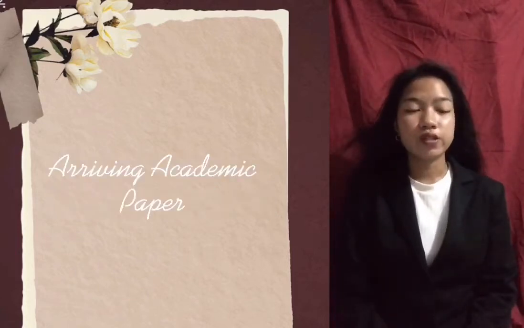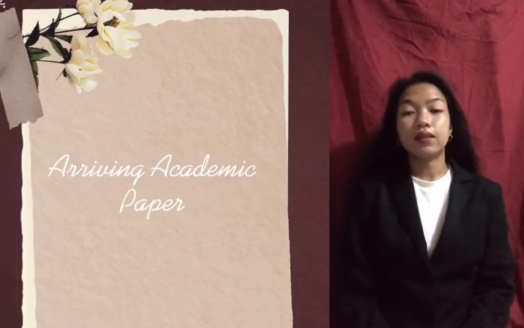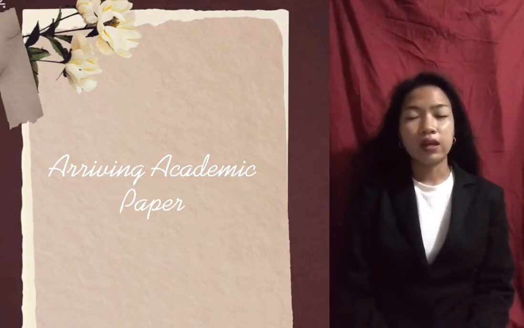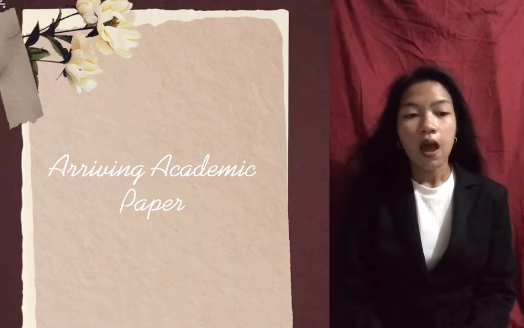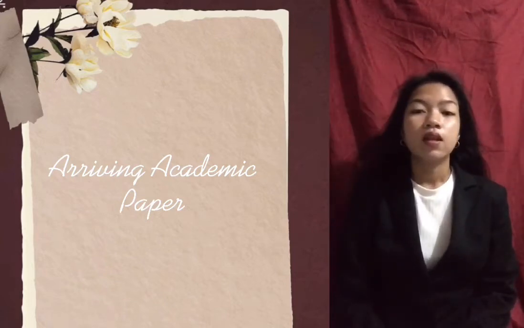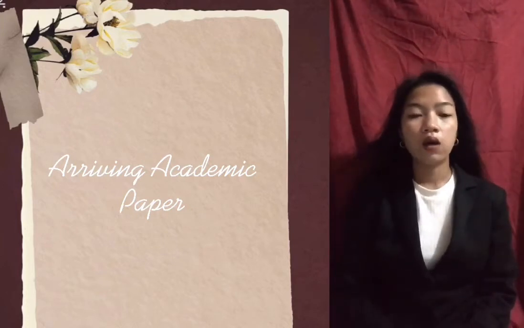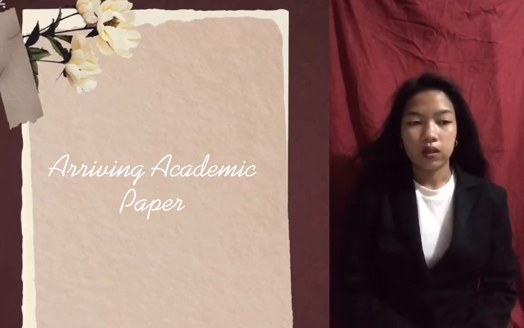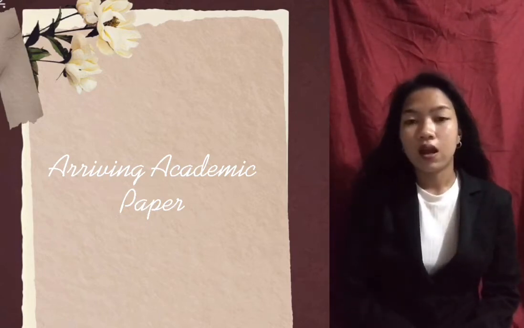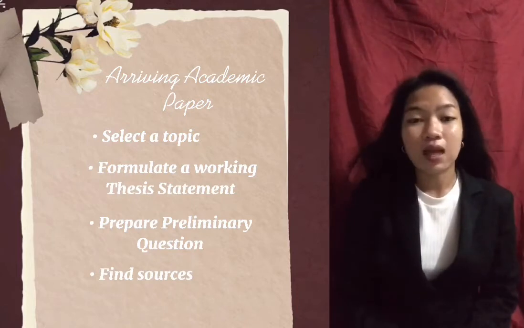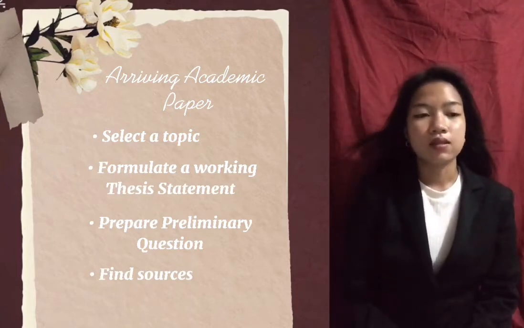One of the challenges of the students is that they are having a hard time in writing the academic paper. And the common reason for this is that they don't know how to start and what to put into it. So in writing an academic paper, you need to follow these several steps and guidelines.